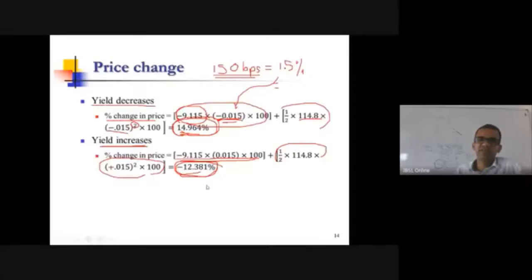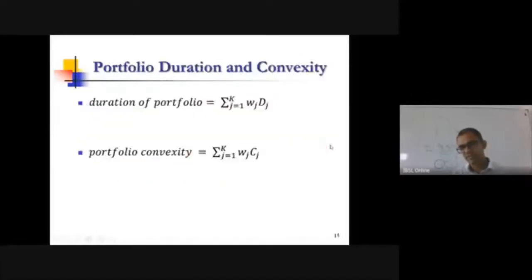Then the last point. All these things we discussed for a particular bond, for one bond, but the same concepts, duration and convexity, can be applied to a portfolio. In that, we calculate duration and convexity for each and every bond in the portfolio. What is a portfolio? It's a collection of bonds. So we may have 100 bonds, but we have invested in different amounts.